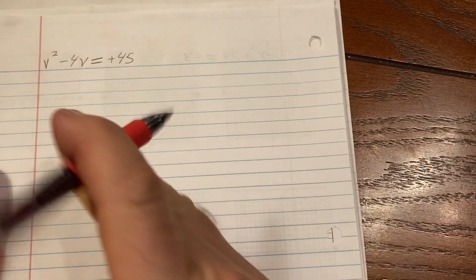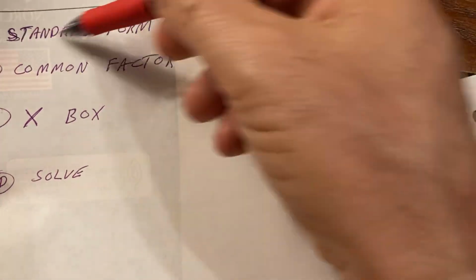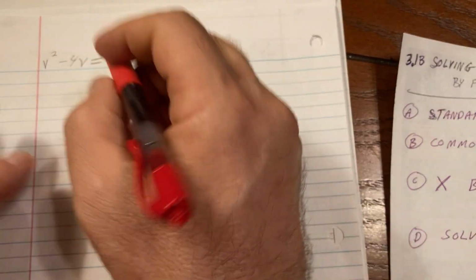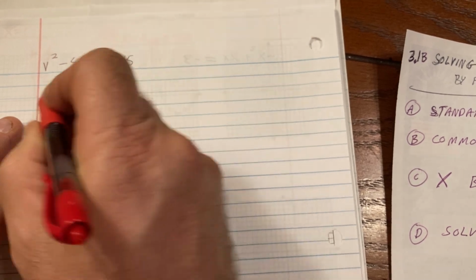And let me show you another one right here. Let me move this out of the way. Okay, put that in view. So what you want to do is put it in standard form. Not yet. Need to subtract 45 on both sides.